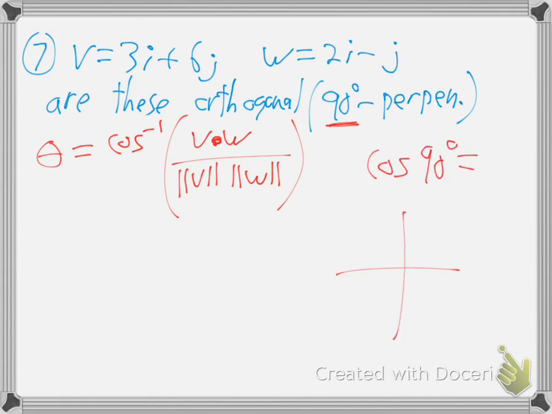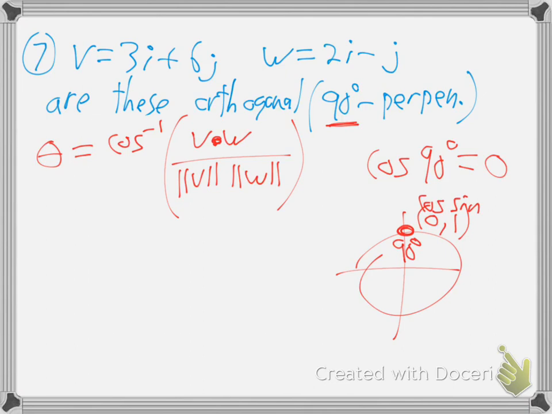From the unit circle, here's 90 degrees: over 0, up 1, cosine first, then sine. So what's the cosine of 90? 0. So you with me so far? Cosine of 90 degrees is 0.